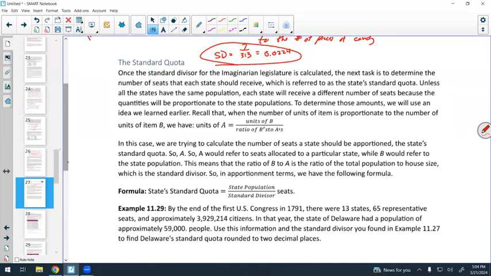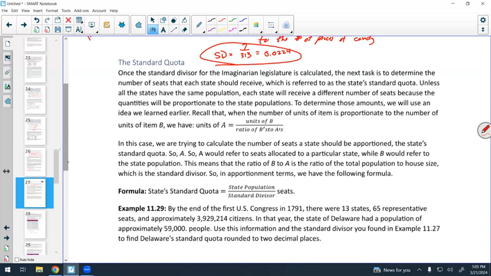To determine those amounts, we will use an idea we learned earlier. Recall that when the number of units of item A is proportionate to the number of units of item B, we have units of A equals units of B over the ratio of units of B to A. In this case, we are trying to calculate the number of seats the state should be apportioned, the state standard quota.